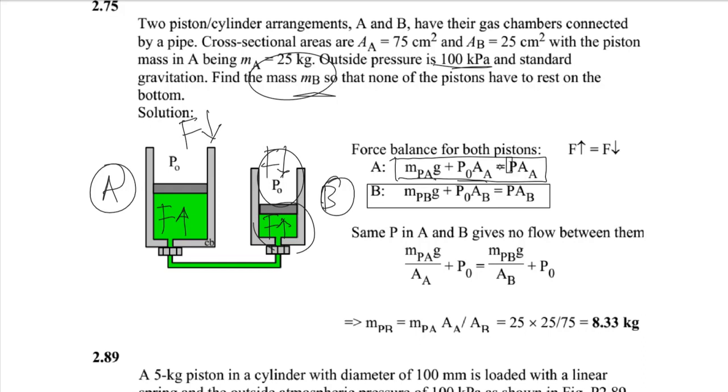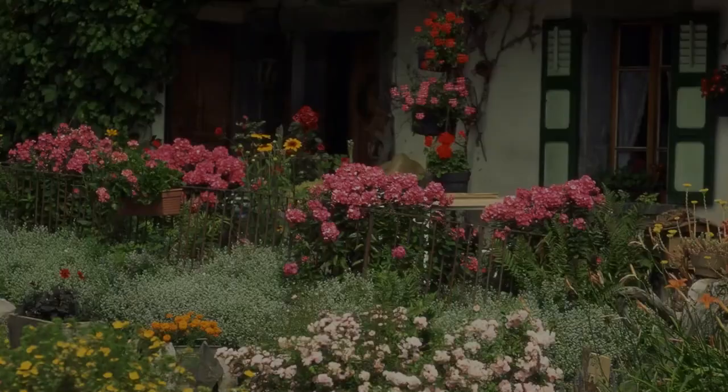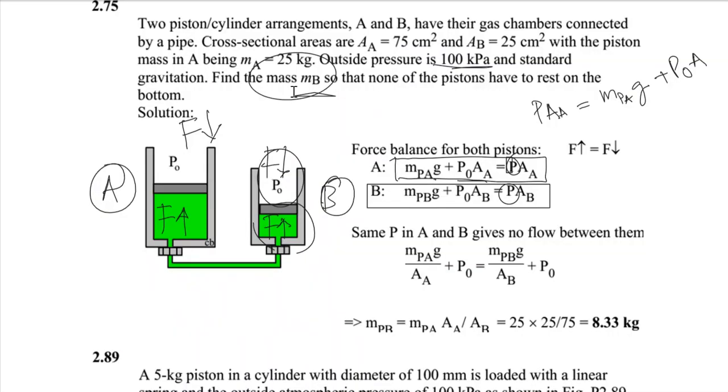So if these two are equal, arranging them, P is equal to mass of piston A times g plus P naught times A. Dividing by the area A, the equation would be something like this, and from B it will be this equation.